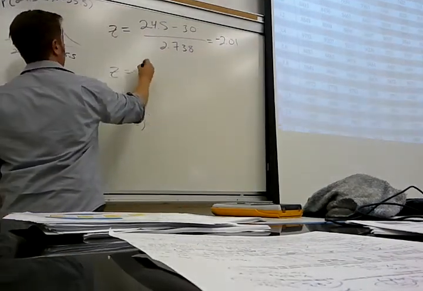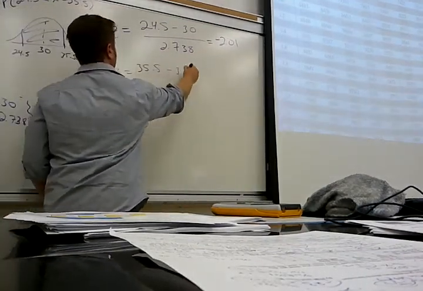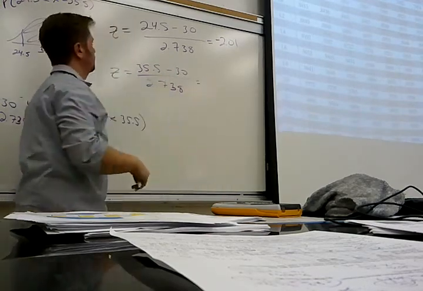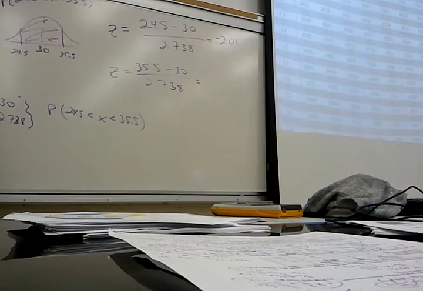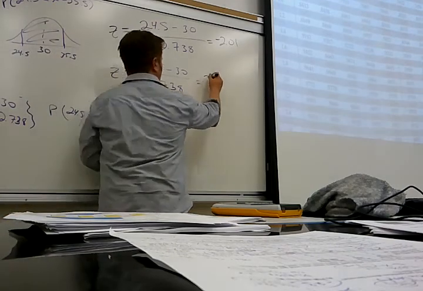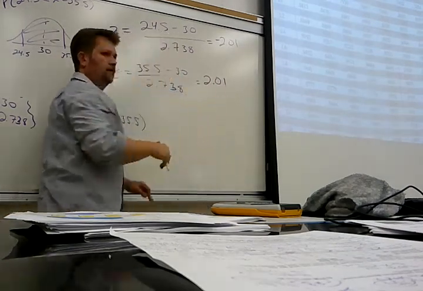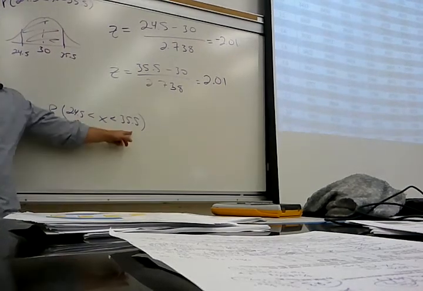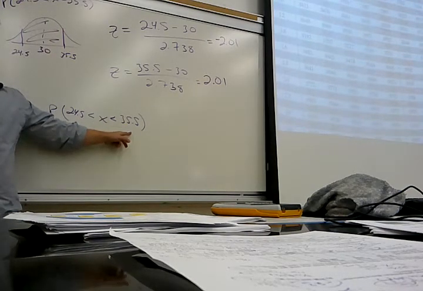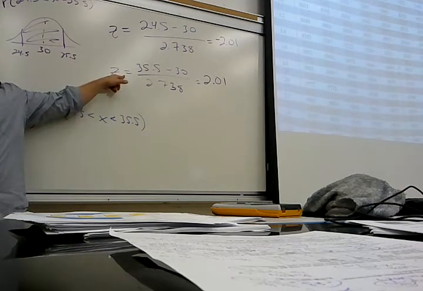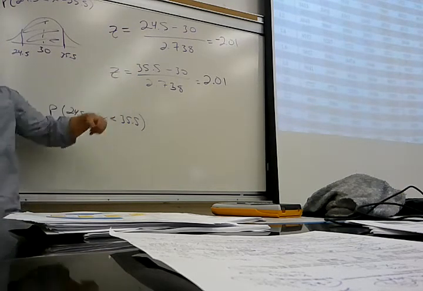And of course, this one would be what? Not surprisingly, that's positive 2.01. Now, on one level, we should not be surprised about this at all, because where did we get these numbers from? We added and subtracted 2 standard deviations. And what does the z-score tell me? It's really just re-verifying that you got about 2 up and 2 down, right?